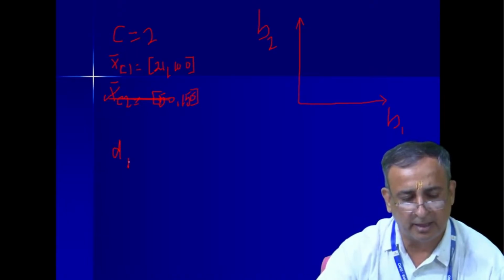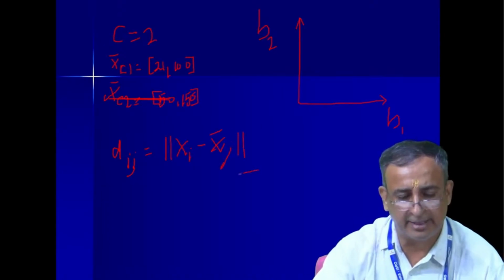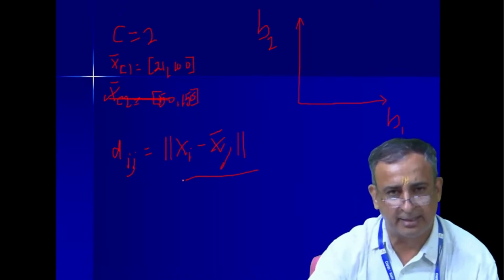For the ith pixel and the jth class, d will be the modulus of xi minus xj bar, where xi is the unknown pixel and xj bar is the mean of the cluster. So we have assumed the mean for cluster 1 and cluster 2.